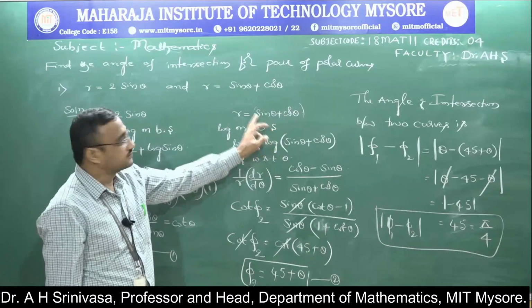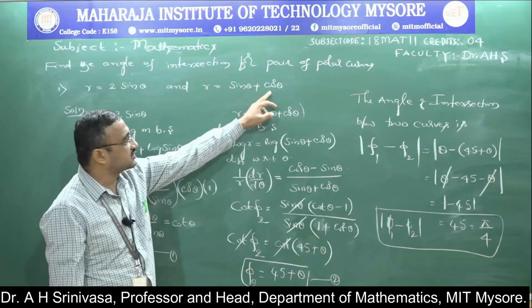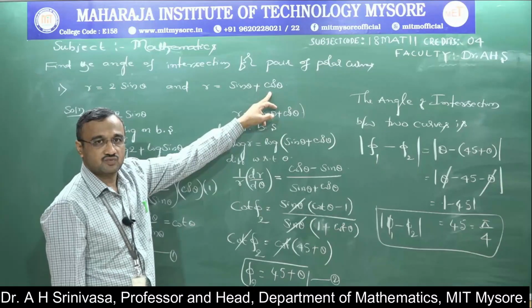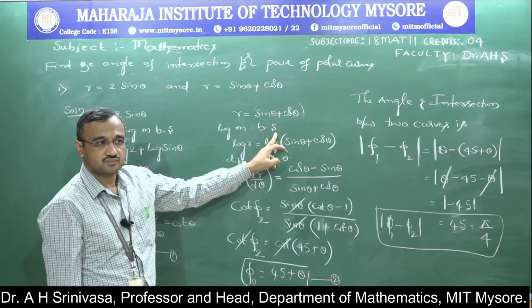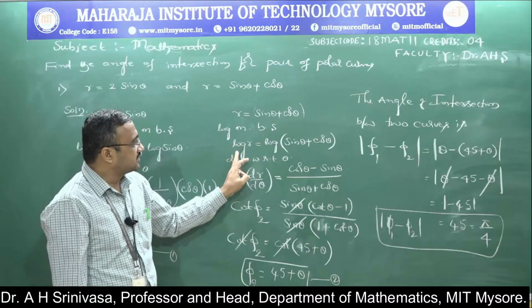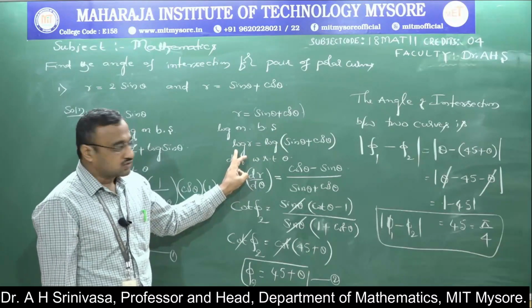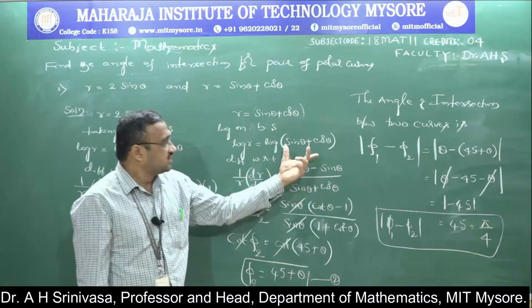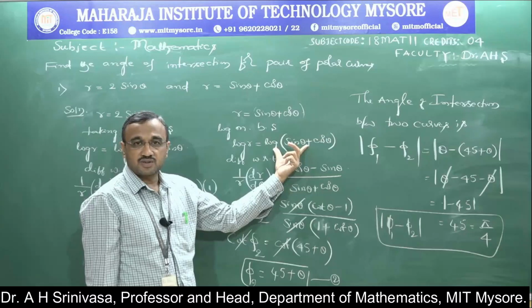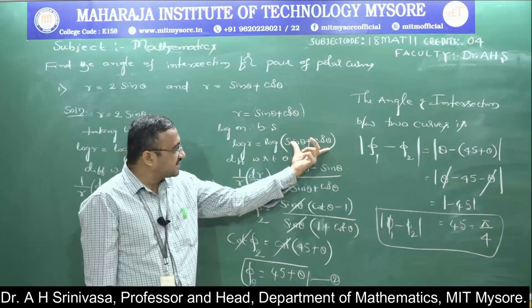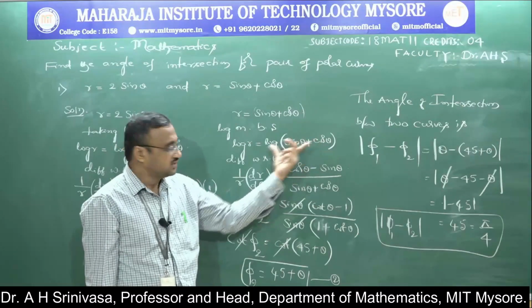For the second function, r equal to sin theta plus cos theta, again you take log on both sides. Then how to simplify it? It is a sum of two terms, so it's not necessary to do any simplification using the logarithm property. You keep the entire term as it is.